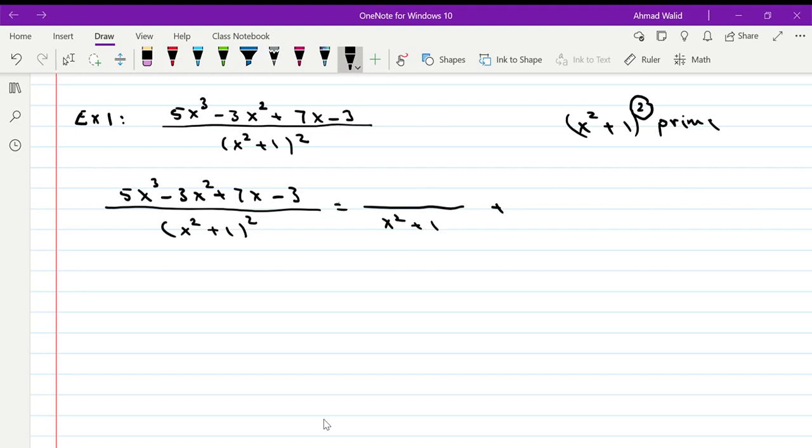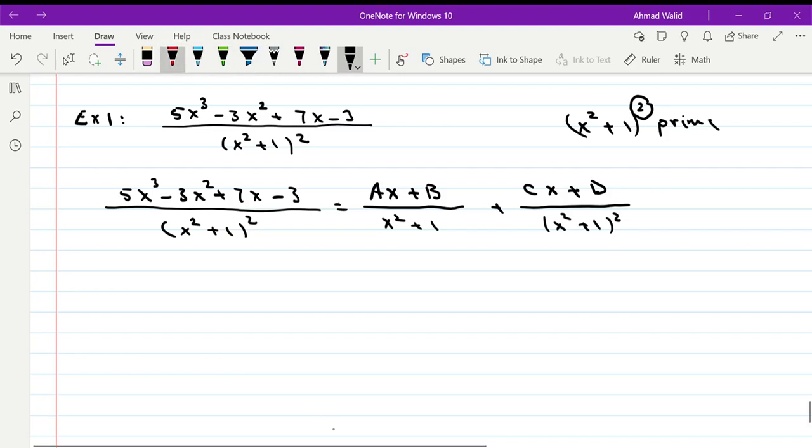The second one, the denominator becomes x squared plus 1 all square. Correct? And the top of the first one, because the denominator is quadratic, you should put a linear in the top, then ax plus b. The second fraction, you have a quadratic in the denominator, then this one becomes cx plus what? D.